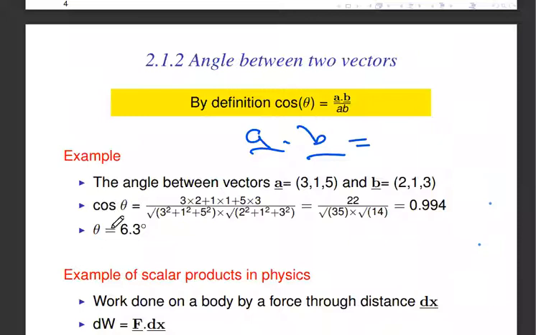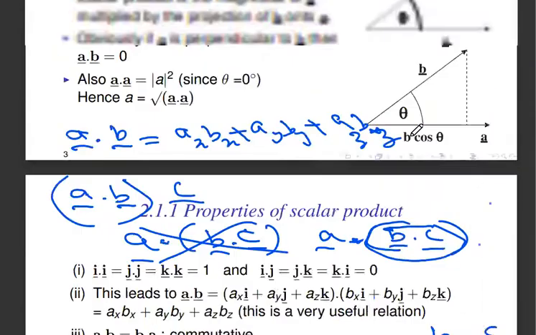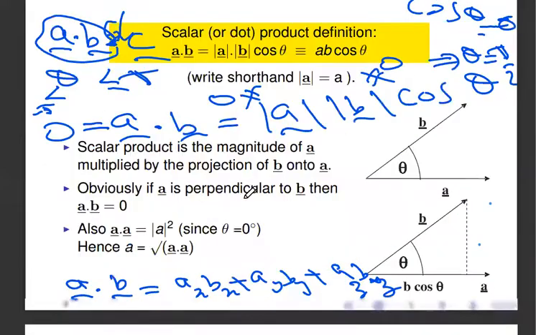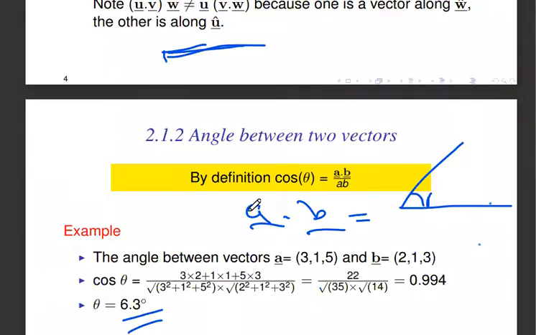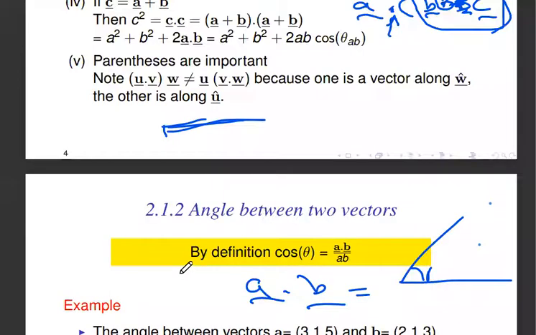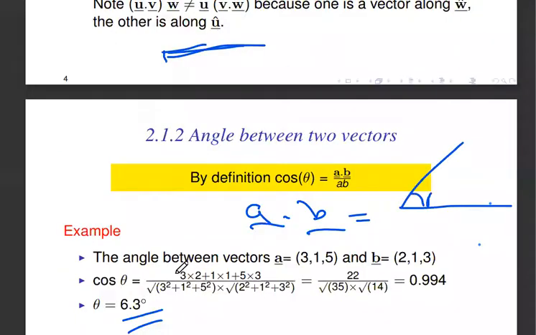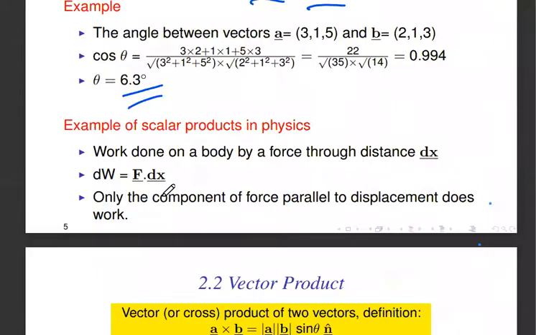Then take the arc cosine, cos inverse, of this value. Then you will get the angle between A and B. So if you know the angle, you can use this definition. If you don't know the angle, you can use the other definition. I think you know that, right? The other definition is another one.